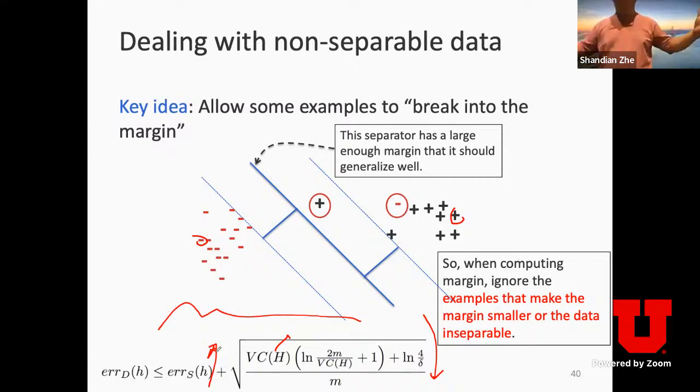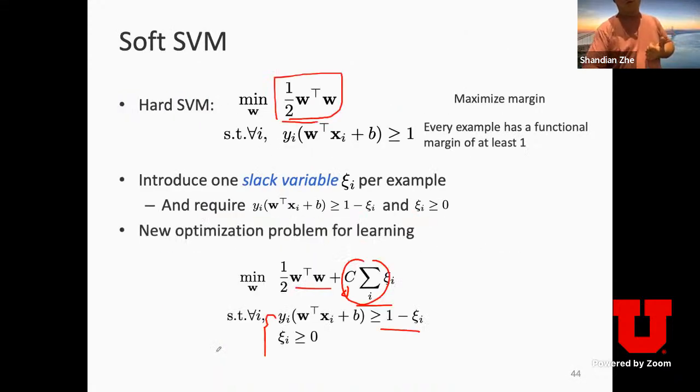We don't want to exclude so many data points as outliers and just optimize margin for the remaining data points, because that will increase the training error. Instead, we want to minimize this summation. The summation of the Ci's indicates how many data points we allow to break into the margin to be misclassified.